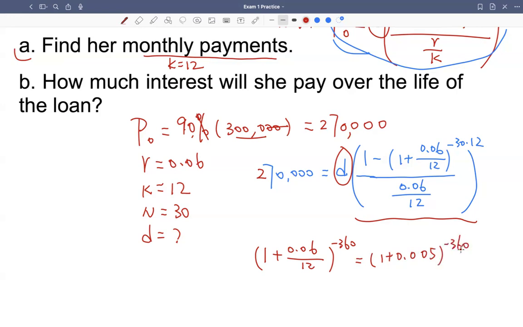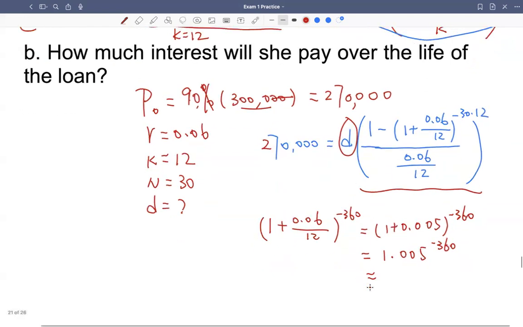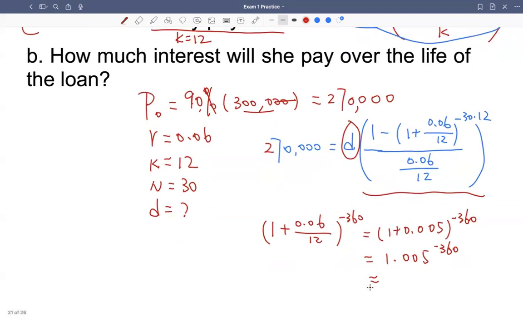So that's 1.005 raised to negative 360. I'm putting into the calculator 1.005 raised to negative 360. We get 0.16604193. So that's this one.